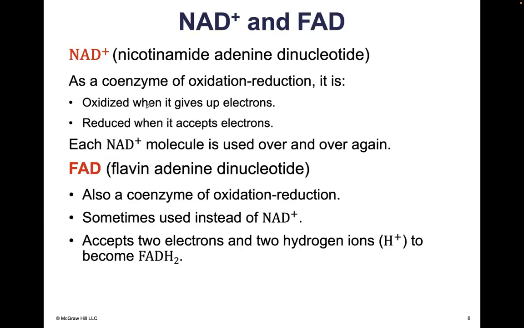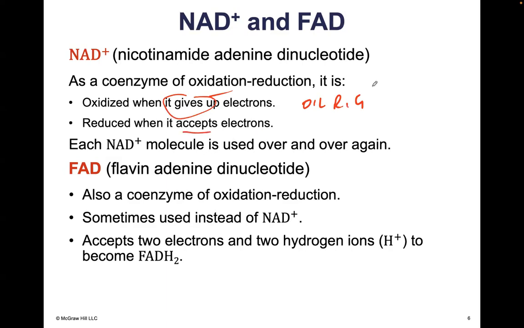It is oxidized when it gives off the electron, and it's reduced when it accepts electrons. Like I mentioned already, always remember this: oxidation is a loss of electrons. So it's oxidized when it loses them, and it's reduced when it accepts electrons.